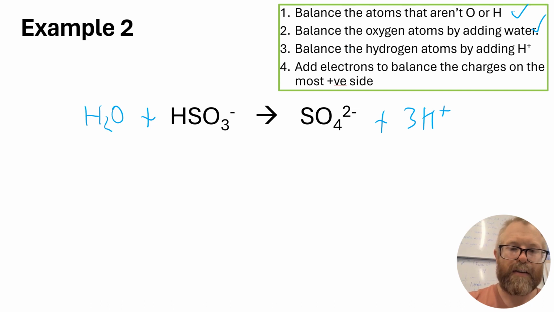On the left hand side is minus 1, on the right hand side is now plus 1, because of three positive charges and 2 minus charges. So I have to add electrons to the right hand side in this case, 2 electrons, so that they both give the same charge of minus 1. So that is how we do that.